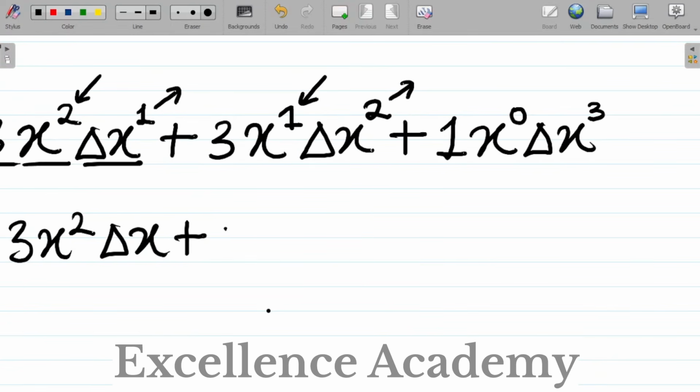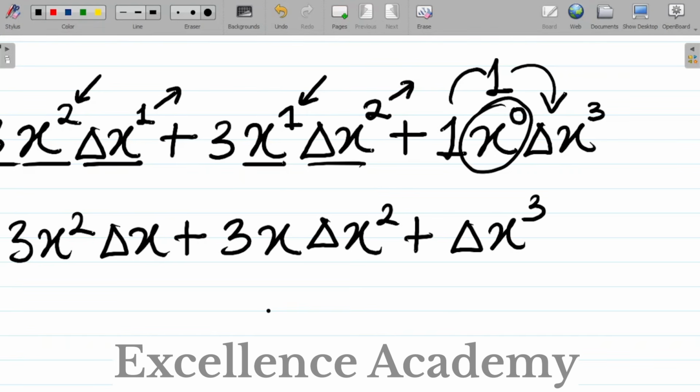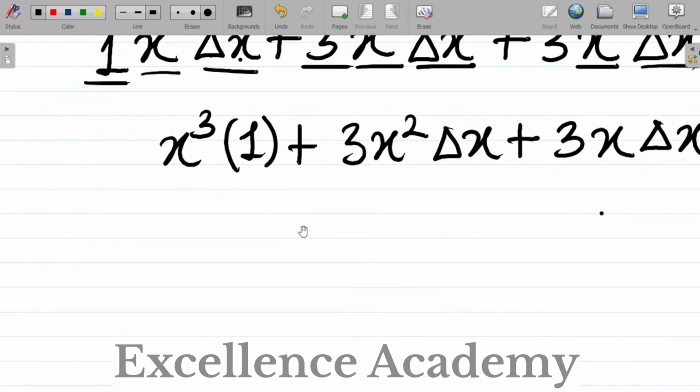This gives you 3, x to power 1 gives you x. Then you have change in x squared plus x to power 0 is 1. So 1 times 1 is 1 times change in x to power 3 is change in x cubed. And x to power 3 times 1, that's x cubed.